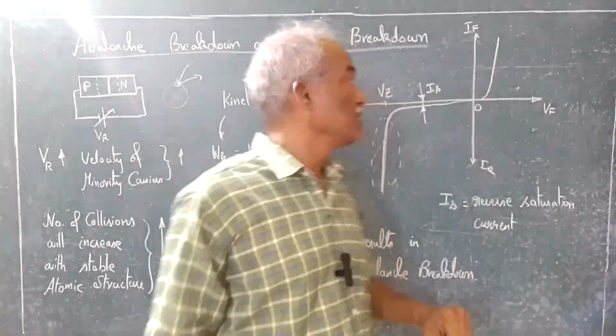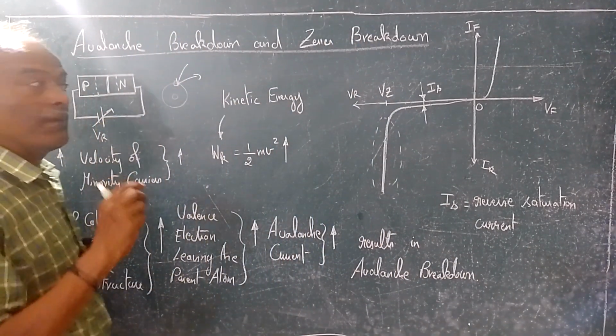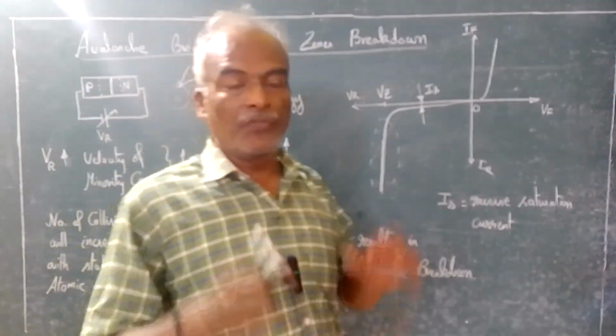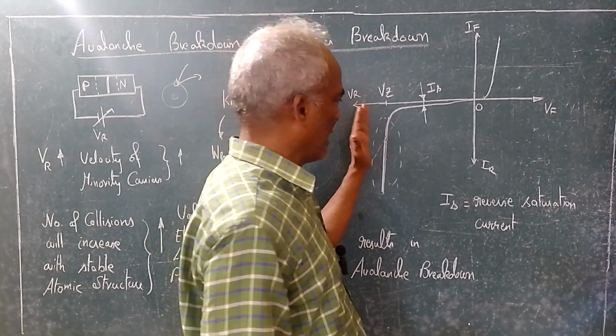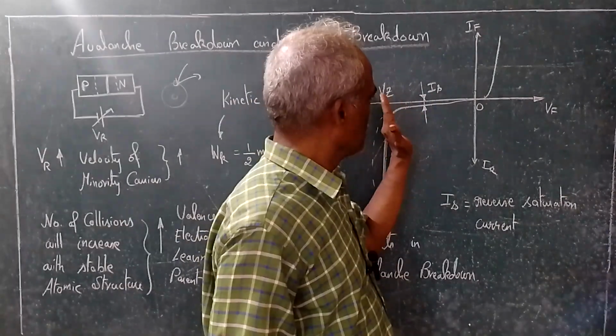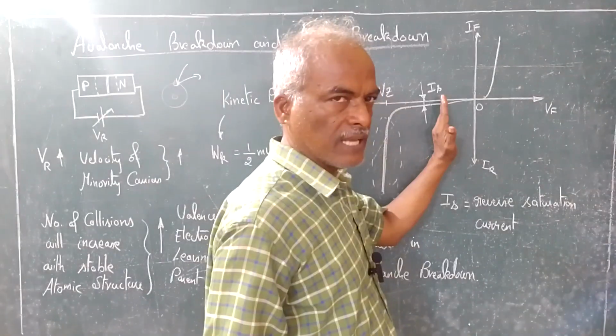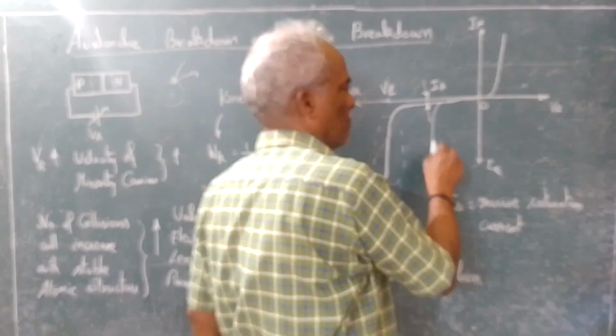What you can do is, this P-type material and N-type material can be heavily doped. If you heavily dope, this region can come close, the voltage will increase and current will increase, and the breakdown can happen somewhere here.